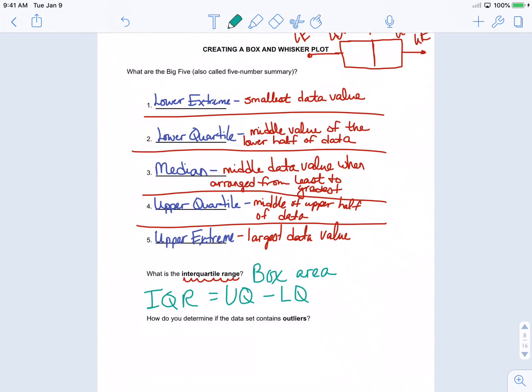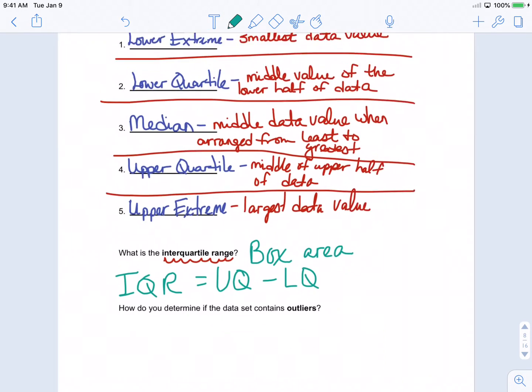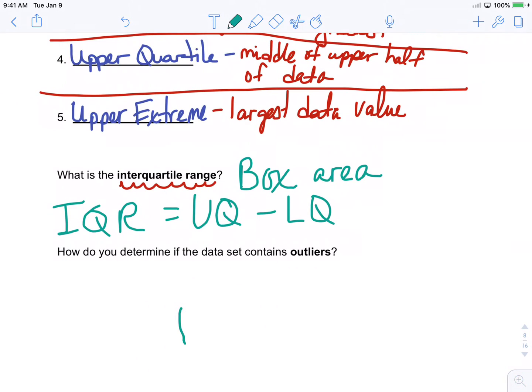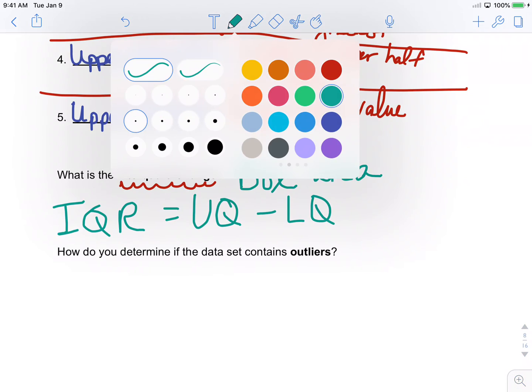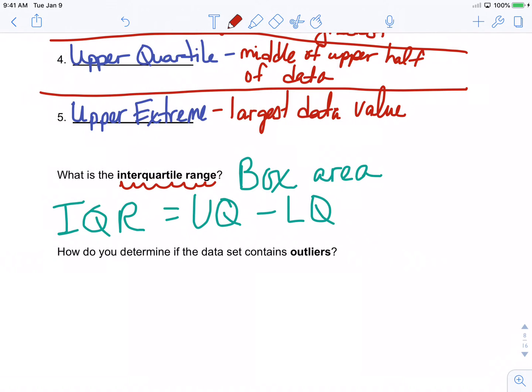And then the last thing it talks about is outliers. We looked a little bit at an outlier in section 11.1 and 11.2, kind of seeing how an outlier can affect the data. And an outlier, if you think of the word out in it, statistically is a number that is way outside of the group of data.